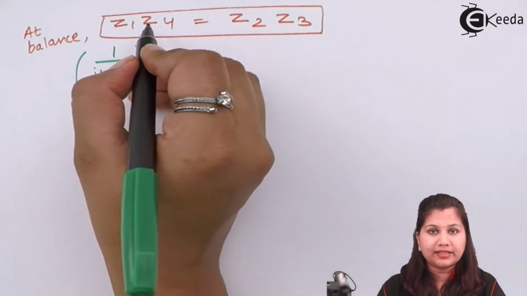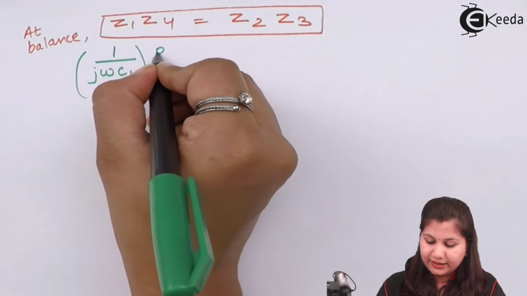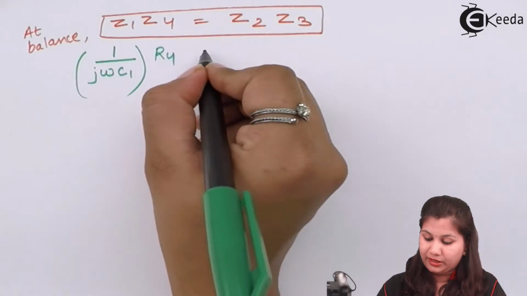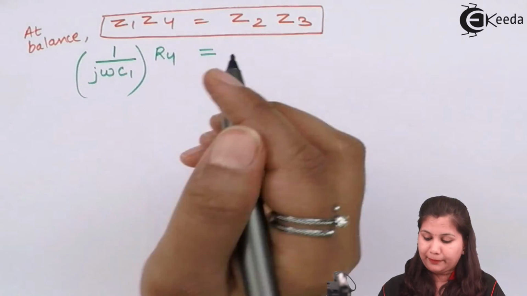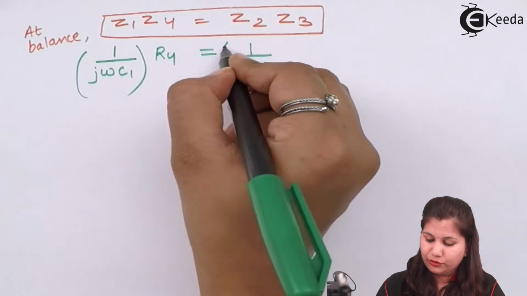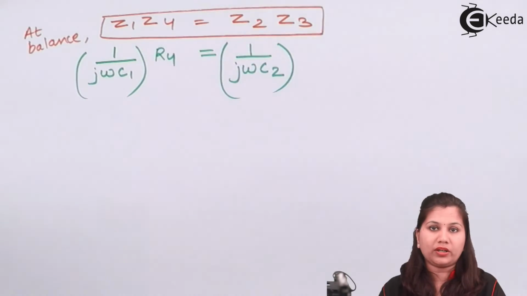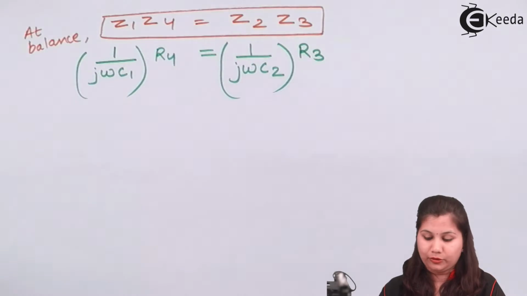Then we are having the Z4, which is a resistor. So resistance is written as it is, that is R4. Then Z2 is another standard capacitor, so it will be written as 1 upon j omega C2. And Z3 is what? Resistance. So it will be written as it is. Okay.